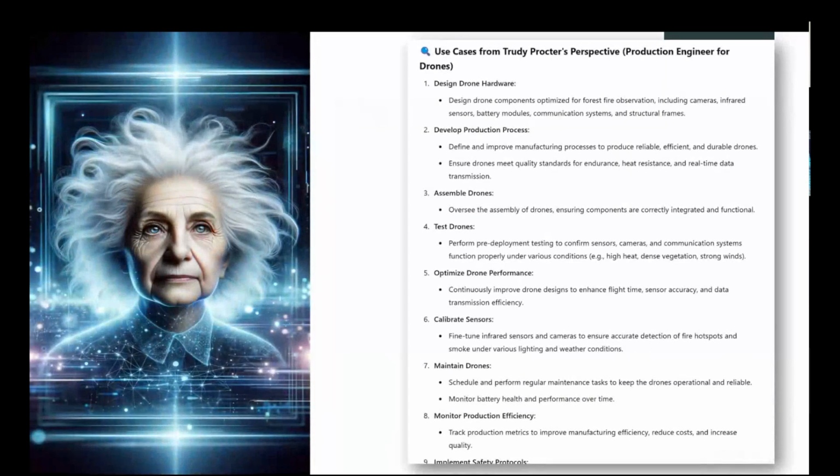An interesting use case using an AI assistant is changing the roles. So here it's Trudy, and she's a production engineer and delivers use cases like design drone hardware, develop production process, assemble drones, test the drones, and so forth.